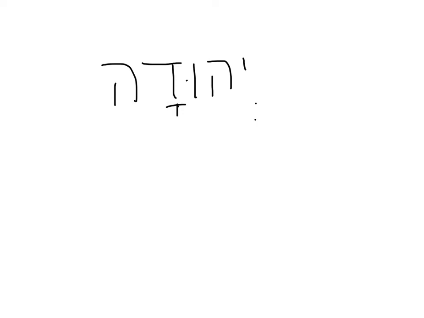Judah. Now, if we wanted to add a prefix preposition, we have a little bit of a problem here because if we wanted to say "in Judah," we couldn't do that straight up because we cannot begin a word with two shvas.